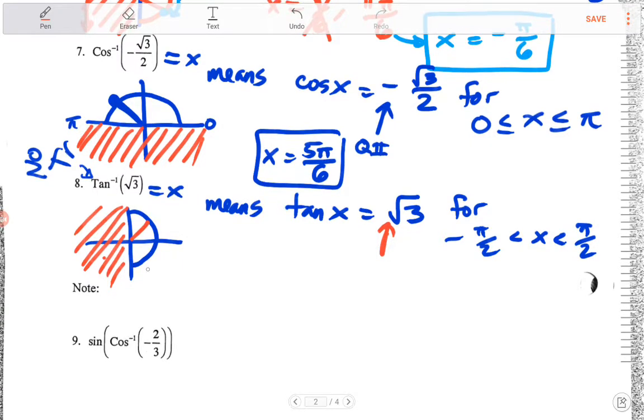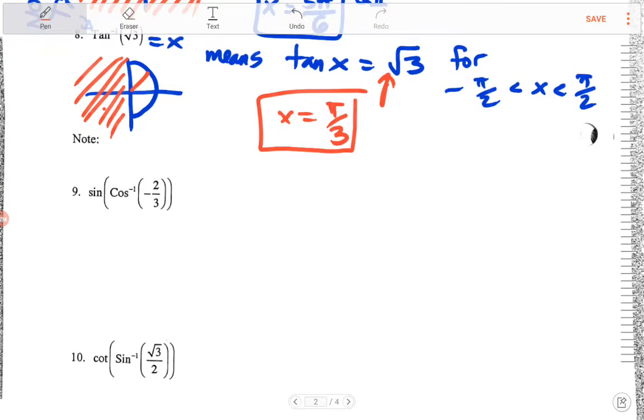In quadrant 4, tangent will not be positive. So with that said, we know that tangent gives us a value of root 3 if we have a reference angle of pi over 3. Pi over 3 is still contained within this restricted domain, so that's the answer that checks out. Okay.